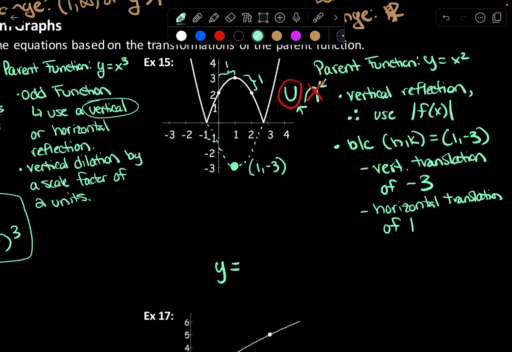So everything is inside of the absolute value, including the y transformations. We have that horizontal translation of 1 to the right, so it's (x - 1) squared, and then that vertical translation of -3, so we'll have -3.